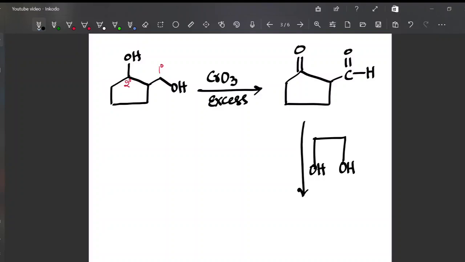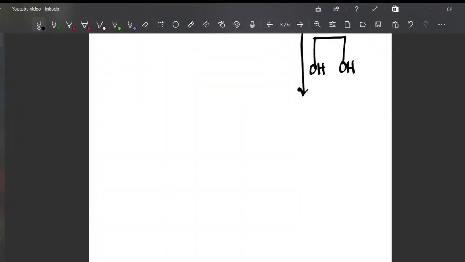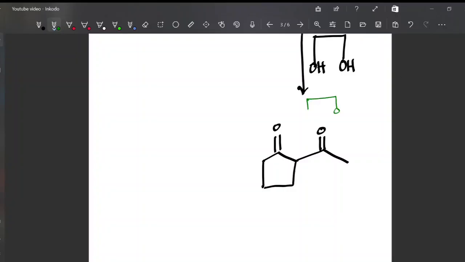So what happens here is this particular ethylene glycol is going to protect our aldehyde group. Okay, so what type of product are we going to get? We have a ketonic group and then we have an aldehyde group, right? So let me just draw the same structure here according to our convenience.